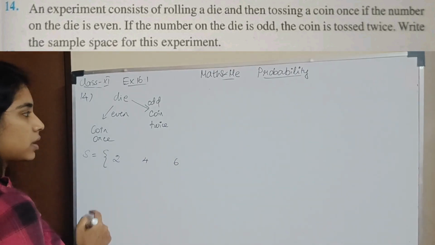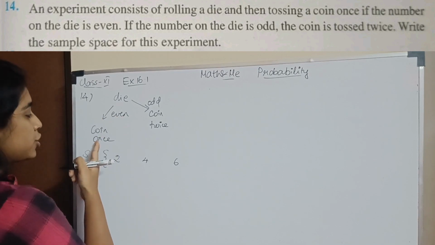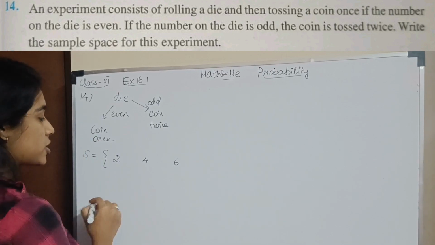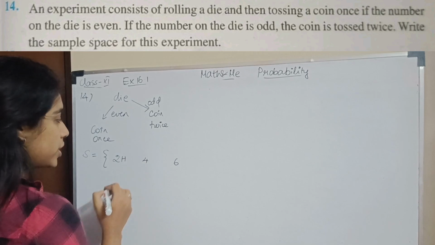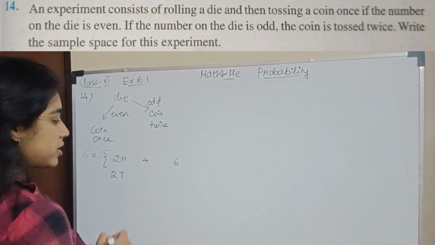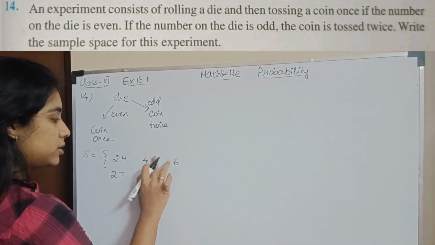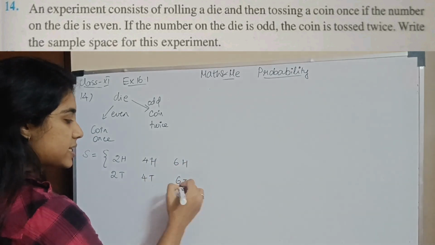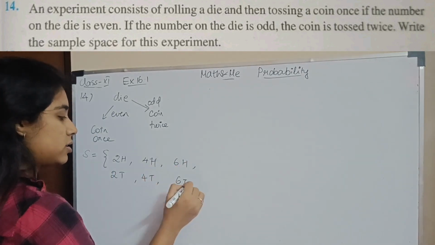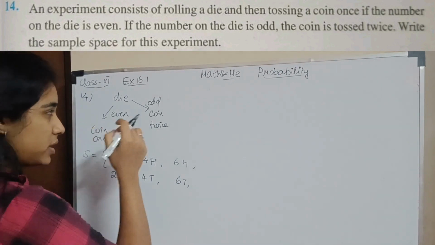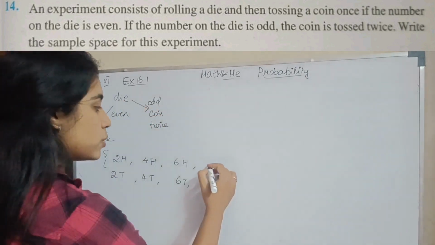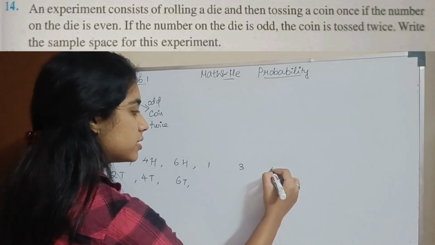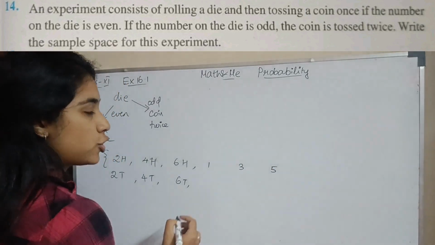These are even numbers. If an even number comes, you toss a coin once. So what are your possibilities? You get a 2, you get a head. You get a 2, you get a tail. Similarly, 4 head, 4 tail, 6 head, 6 tail. This is when you get an even number. If an odd number comes, you toss a coin twice, which means when you get 1, 3 and 5, you toss a coin twice.